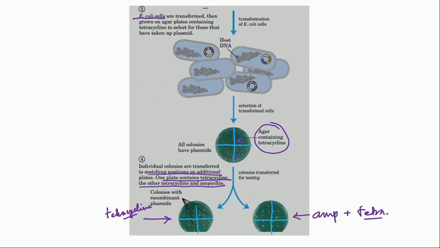But when you develop it on ampicillin plus tetracycline, then only the bacterial cells which have got only the vector DNA will grow, because it is the vector DNA which confers resistance to both ampicillin and tetracycline. So the colonies that are growing here contain only vector DNA.